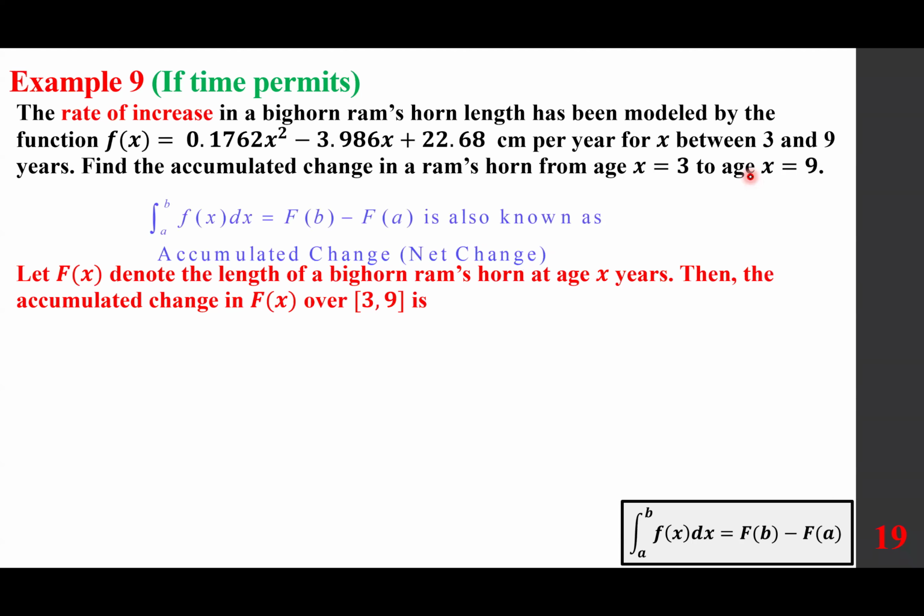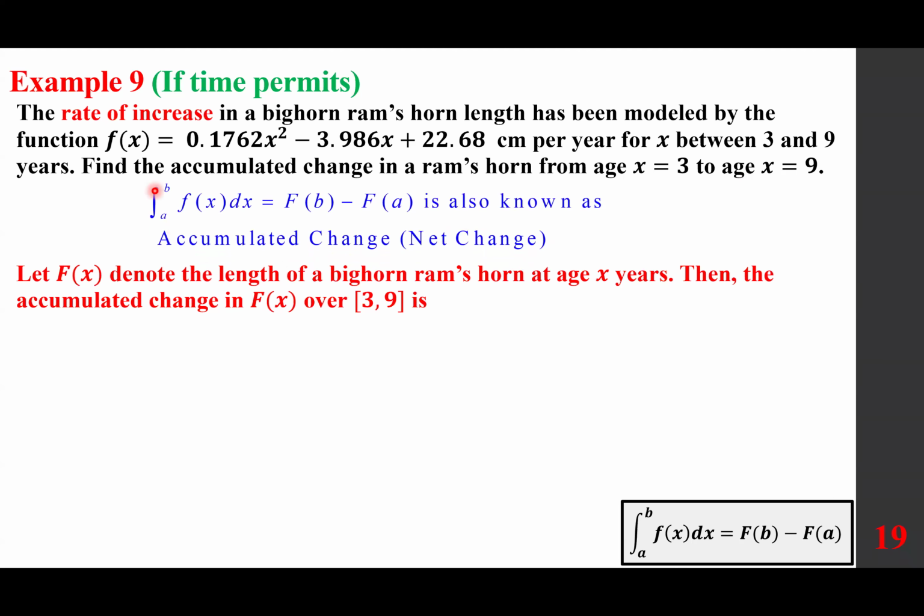Of course, we are using the accumulated change. The integral from a to b of f of x dx is capital F of b minus capital F of a, also known as accumulated change or net change theorem. Now, let capital F of x denote the length of a bighorn ram's horn at age x years.